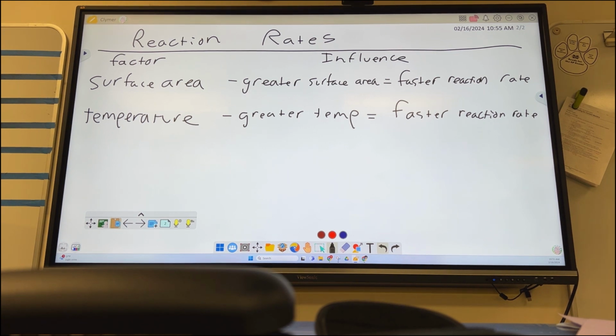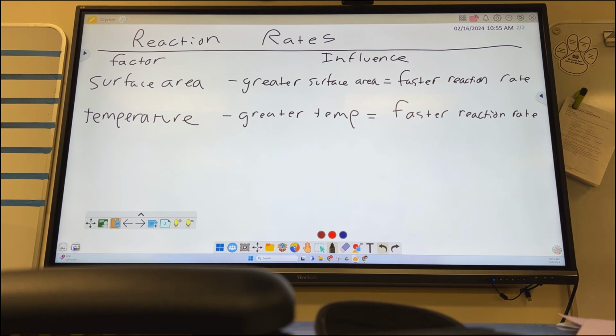What did you observe? Yeah, the hot water went really, really fast, right? And then the cold water one just sat there and fizzed for probably until you cleaned it out, right? So temperature.